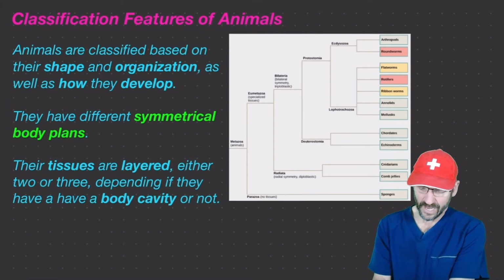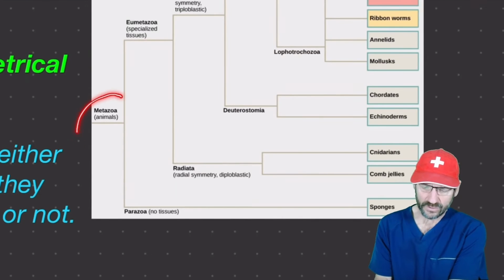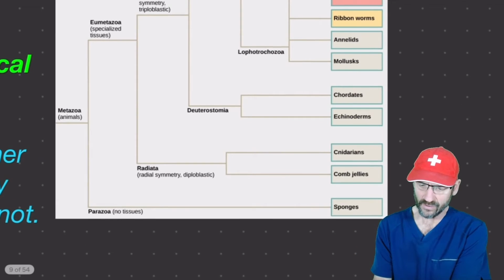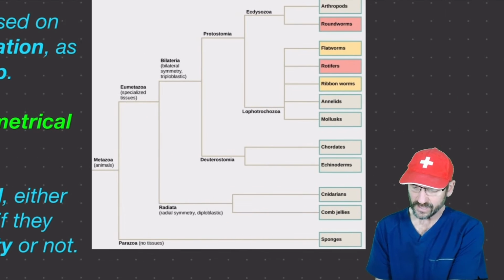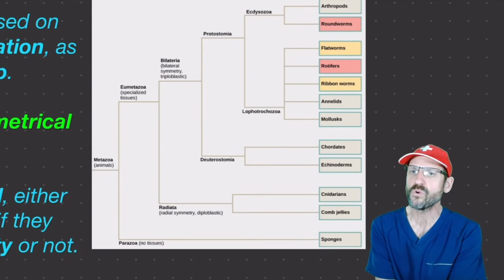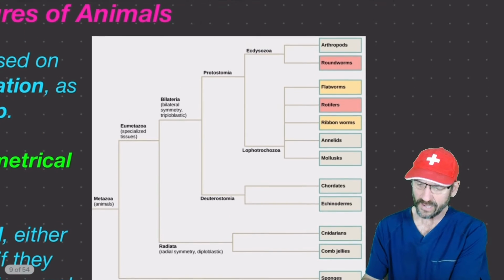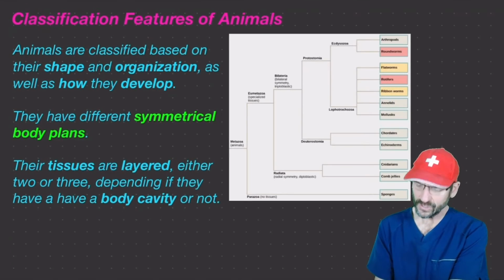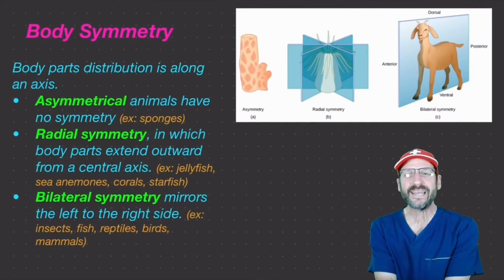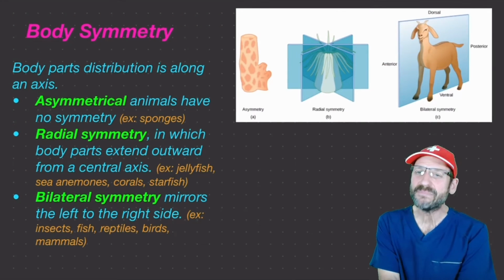Looking here at the animals, we have a lot of separations, but here are the chordates, and that's all the vertebrates. We're going to talk about all of those different ones coming up. Let's then talk briefly about body symmetry.